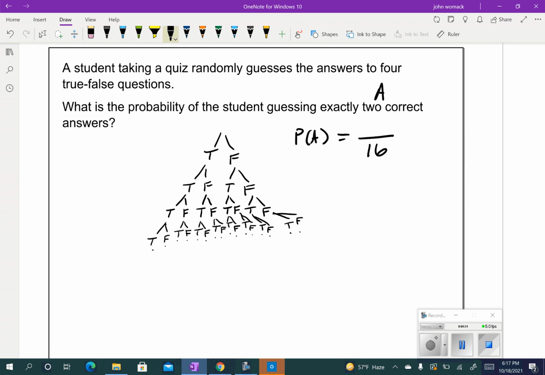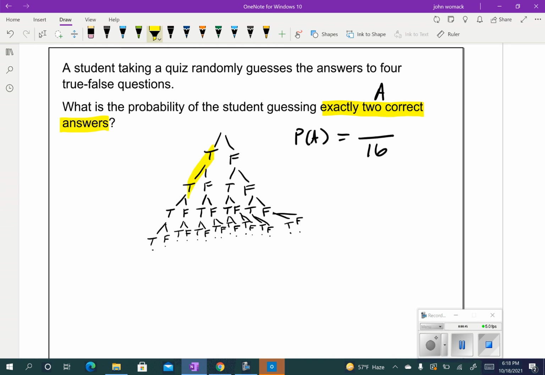Now I need to figure out how many favorable outcomes. To be a favorable outcome, if we're reading up here, I get exactly 2 correct answers. So how many of these have exactly 2 correct answers? This one has 4. This one has 2, 3. This one has 2. That one would be exactly 2.